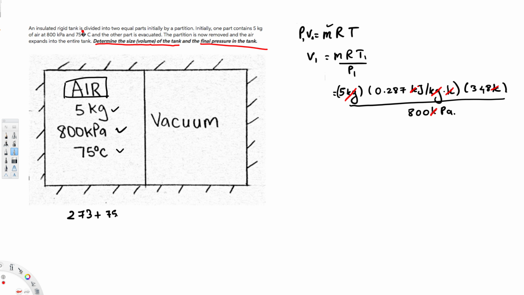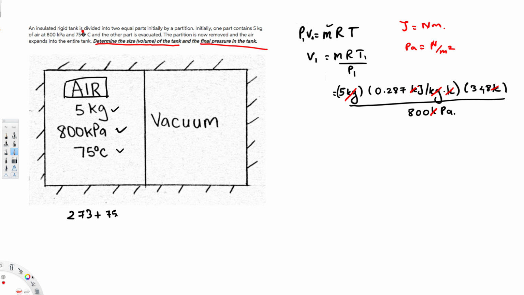We can keep it like this and cancel that one. That way we will get the final answer in cubic meters. If you want to know how, joule is equal to Newton meter, and Pascal is equal to Newton per meter squared. So Newton cancels, the meter squared goes to the top, and that will become meter cubed.